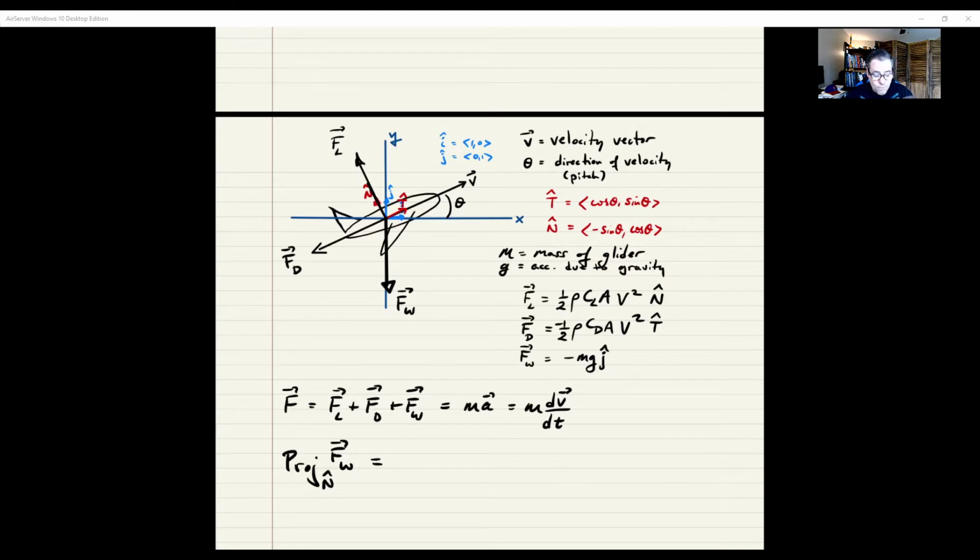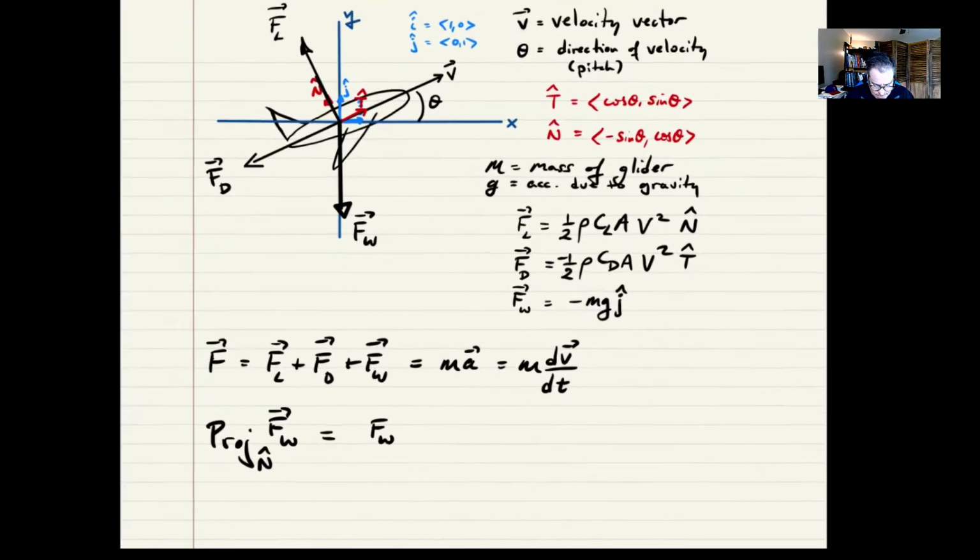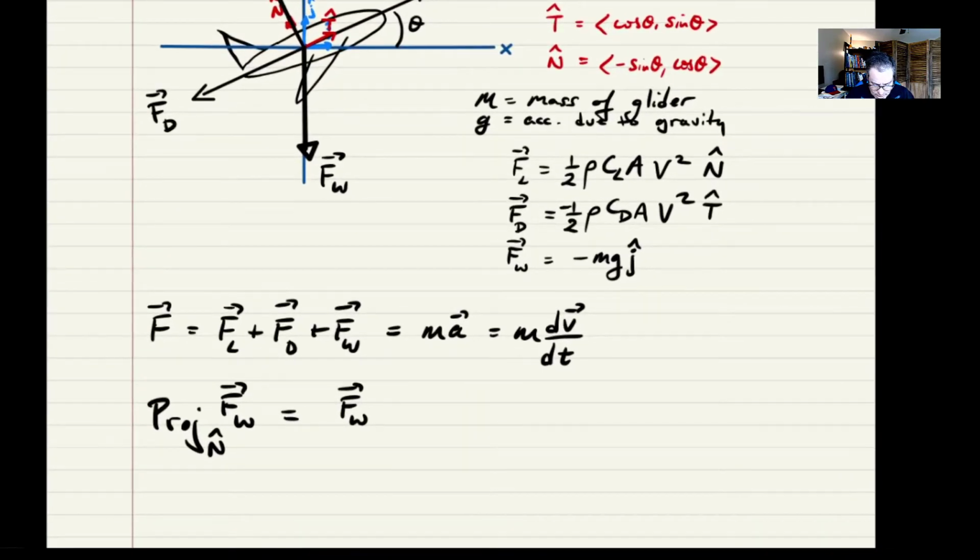So a formula for that calculation uses the dot product. It's the force due to the weight dot the unit normal vector divided by the magnitude of the unit normal vector, times the unit normal vector divided by the magnitude of that unit normal. Of course, the magnitude of the unit normal is 1.